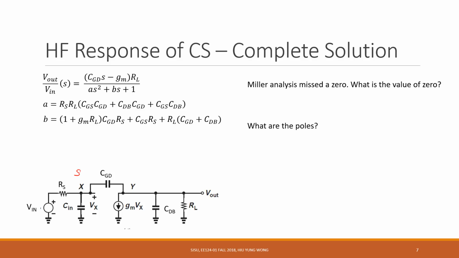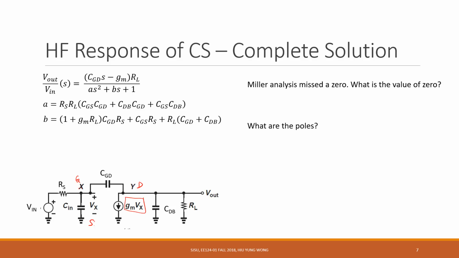This is the gate. This is the drain, this is the source, and the source is grounded, right? So we have this VGS, which is just Vx, so this is GMVx, right? And then we put the capacitance here, right?